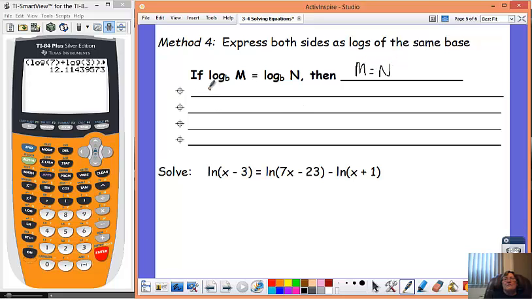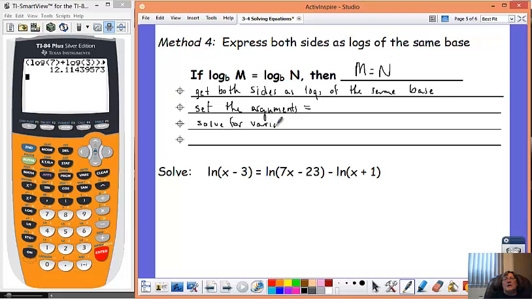So what we want to be able to do is get both sides as logs of the same base. We want to set our arguments equal. The argument is this part. We want to solve for the variable.